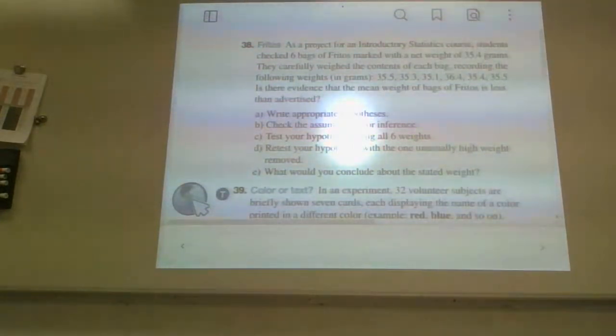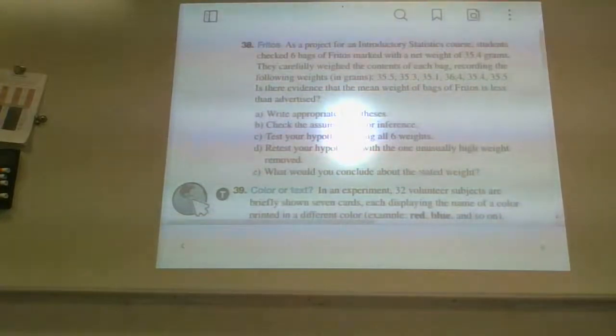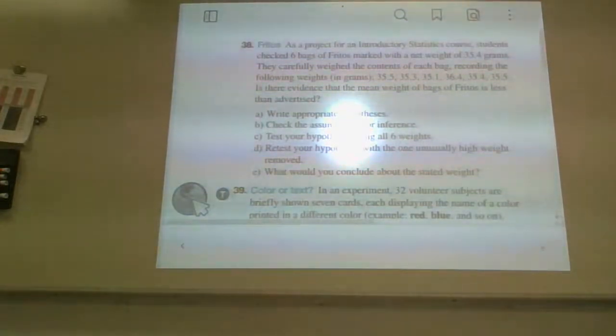But if you go to the supermarket and pick up a couple of bags of Fritos sitting next to each other, it's reasonable to say, not necessarily that they're random, but that the weights of the 2 bags are independent of each other.